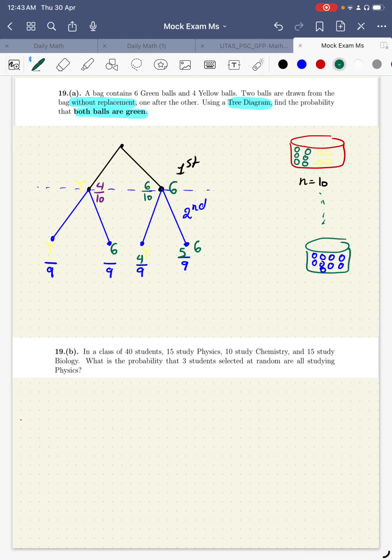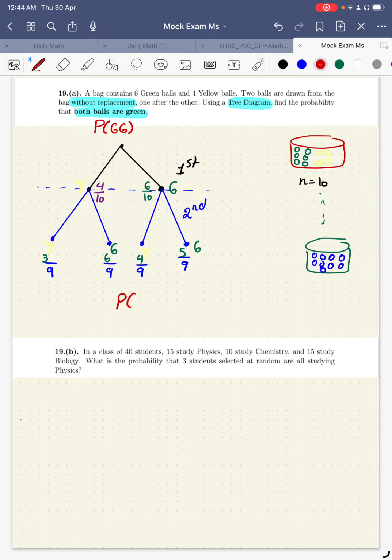If I take yellow, does the number of green balls change? No, it will be 6. But if I take yellow, does the number of yellow change? Yes, it will be 3. بينقص 1. So now what I'm gonna have, I would like to have the probability of both green and green.